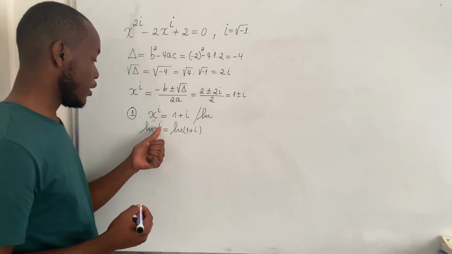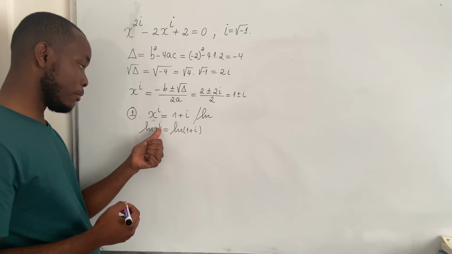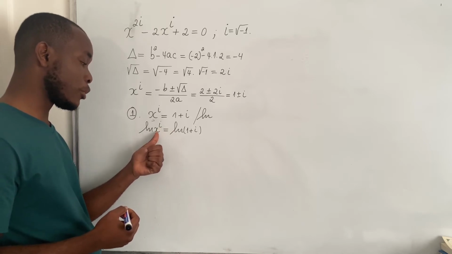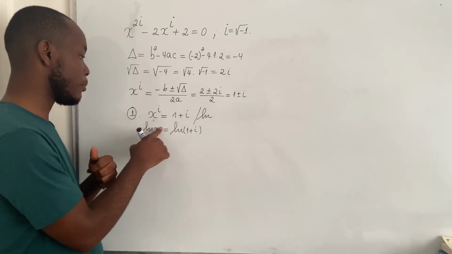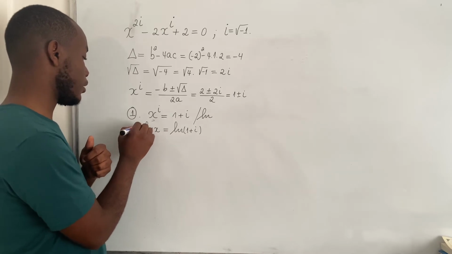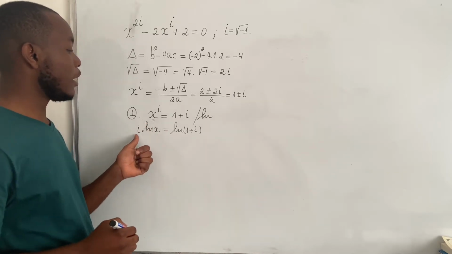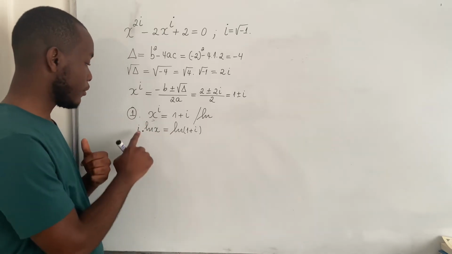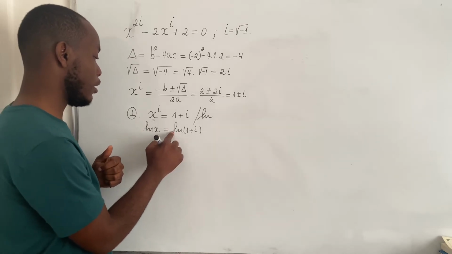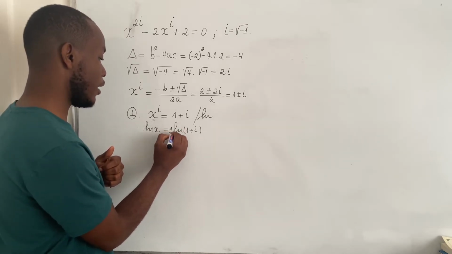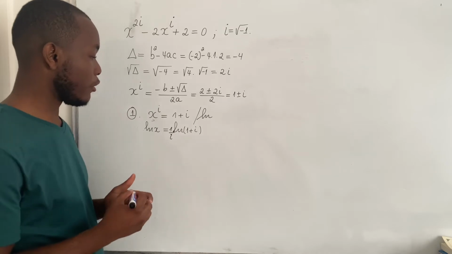The exponent i of the argument of this ln can come to the front, so i multiplies ln x, and if it's multiplying, it can go to the other side dividing. So this can be 1 over i.